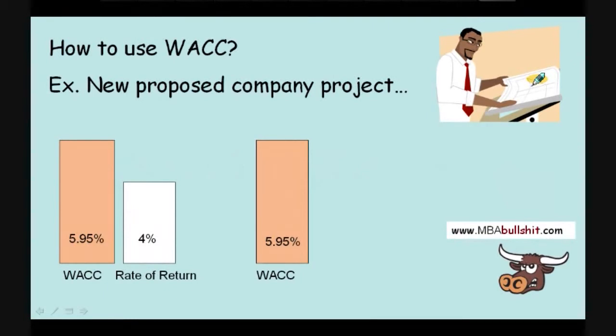Now, will you do this project or not? The answer is no. You should not do this project, because if your weighted average cost of capital is 5.95% and you earn only 4%, then that means that your company is losing 1.95%. You see, it's as simple as that.